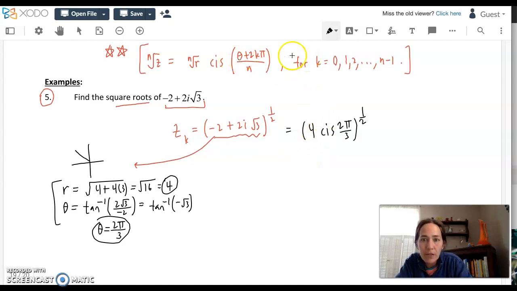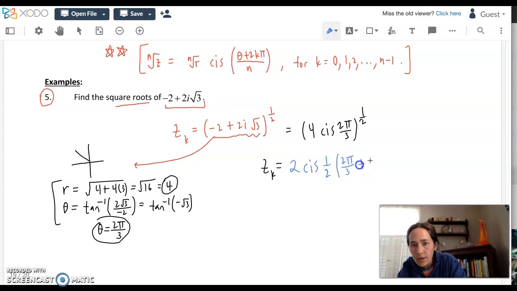So I will apply this rule next, z sub k equals, and de Moivre's theorem, or the rule above, says to raise 4 to the 1/2 power, so square root the 4 and get 2, cis. And for our new theta, we've got 1/2. I'm just applying the rule that I see above. 1/2 of the original angle 2 pi over 3 plus, I'm going to say 2k pi.